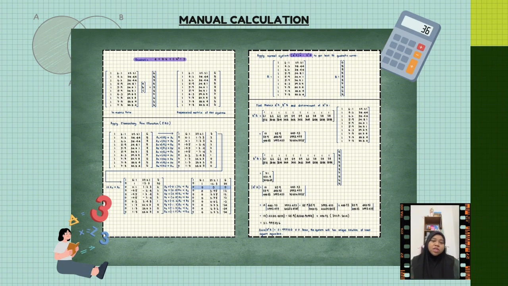After that, we proceed to apply the normal system, which is A transpose AX equal to A transpose B, to get the best fit quadratic curve. But before that, we need to find the elements needed, which are A transpose A, A transpose B, and the determinant of A transpose A. Since the determinant of A transpose A is not equal to 0, the system will have a unique least square solution.